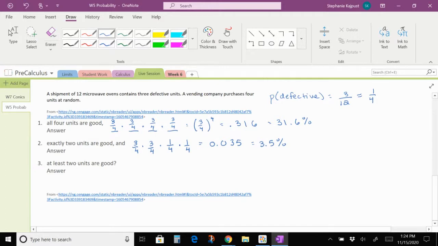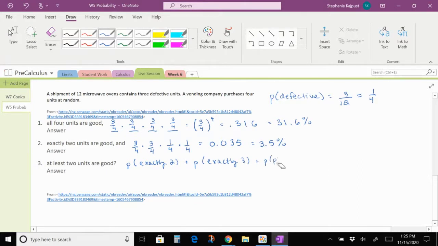Now our last one here, at least 2 units are good. So the at least is where usually people start getting confused, because that at least 2 means you have a probability that are exactly 2, or you have the probability of exactly 3, or the probability of all 4.